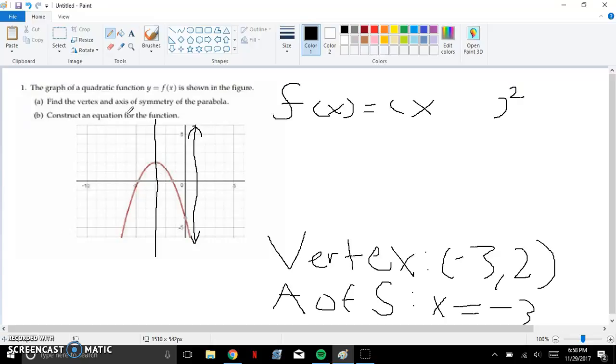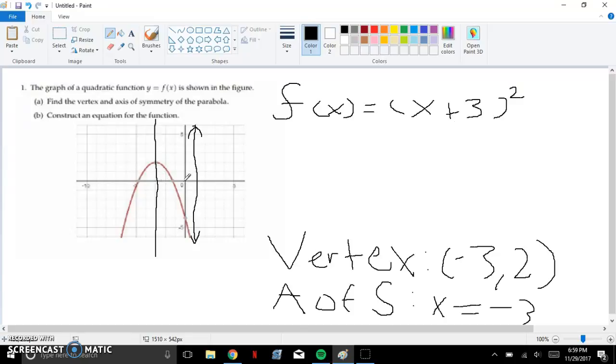Construct an equation for the function. So we see here that the graph is shifted over 3 and up 2. By that, to move the graph left 3, you have to add 3, because when it's inside the parentheses, it's opposite of what you're doing.